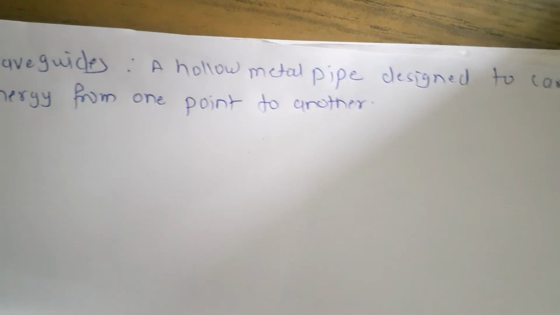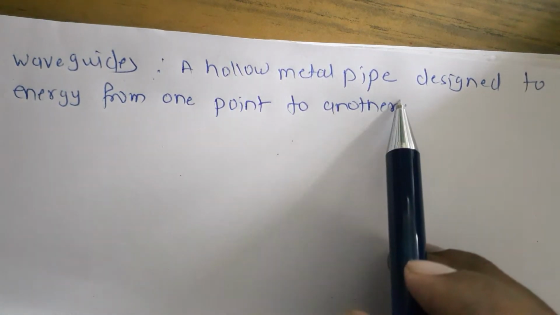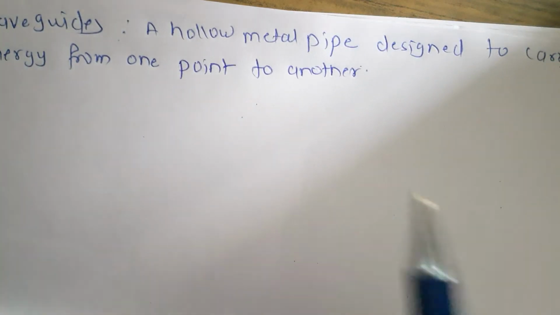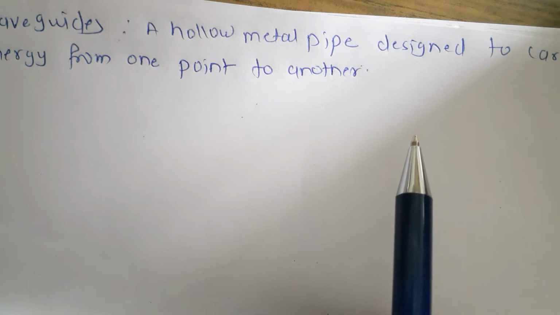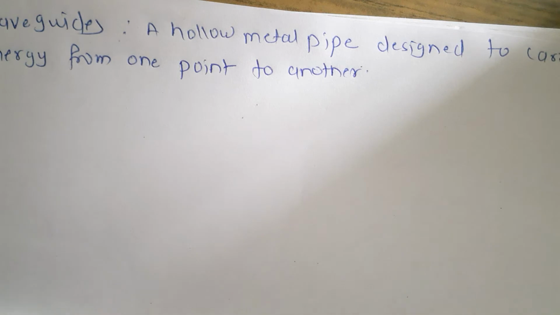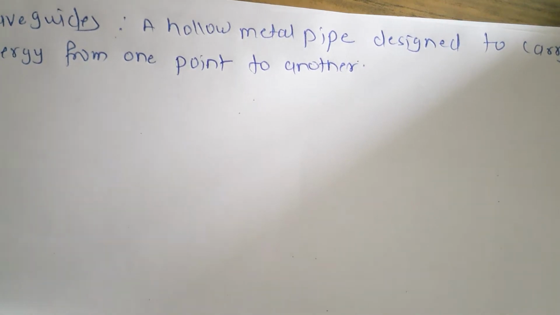So for transmission of radio frequency we will require the waveguides. A waveguide is just like a metal pipe, designed for carrying microwave energy from one point to another point. Higher frequencies like ultra high frequency, then super high frequencies, need waveguides.